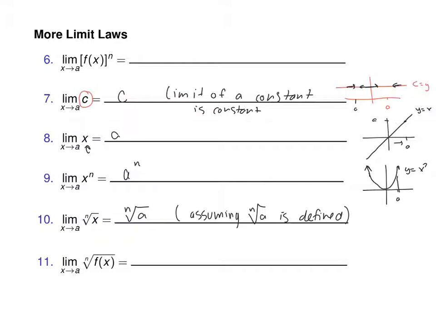And so what these properties are kind of hinting at is that as long as there's no funny stuff going on, you can just plug this number in for whatever the x is. And I do mean that first part, as long as there's no funny stuff going on. So like for this first one, you could just say that this is equal to f of a to the n.